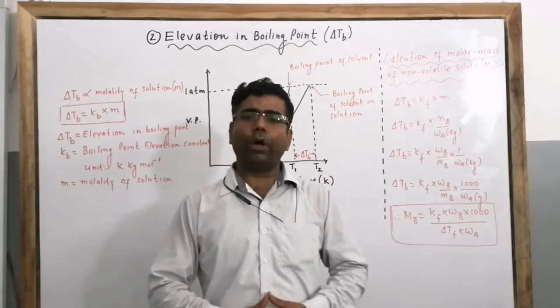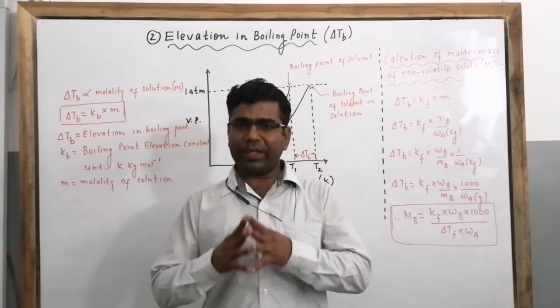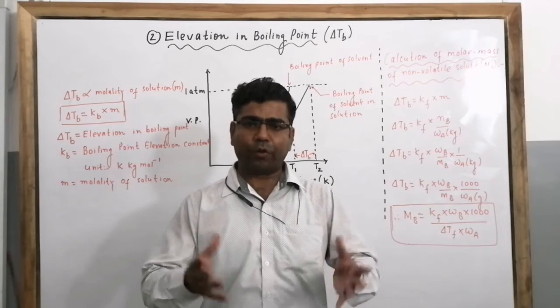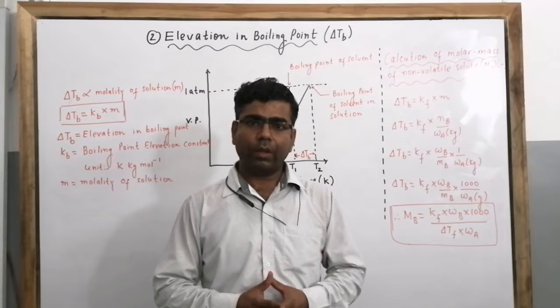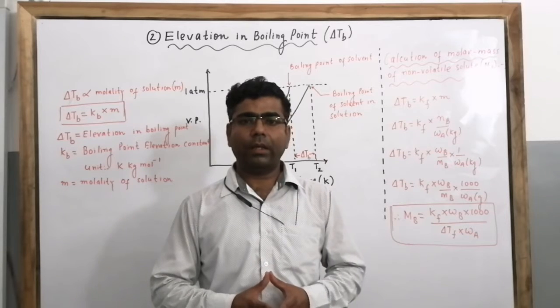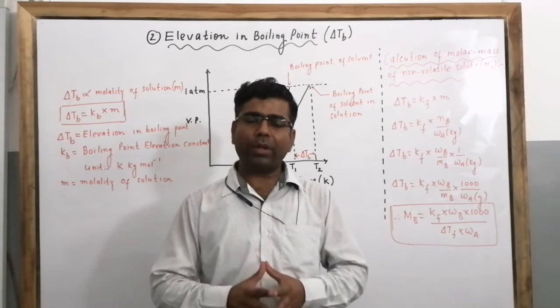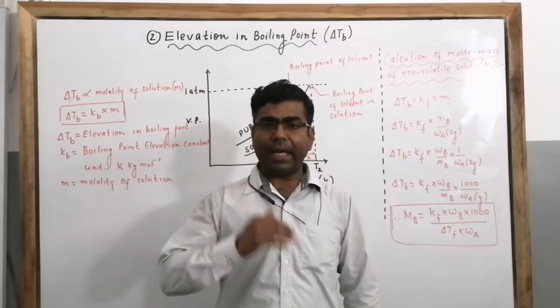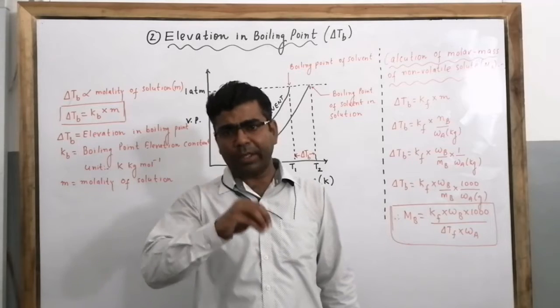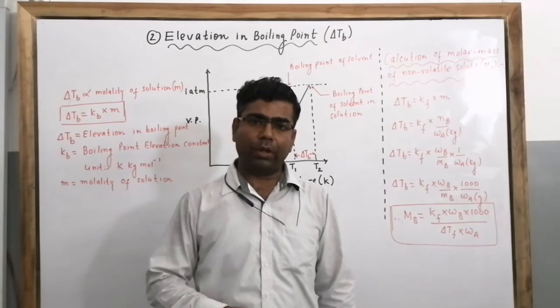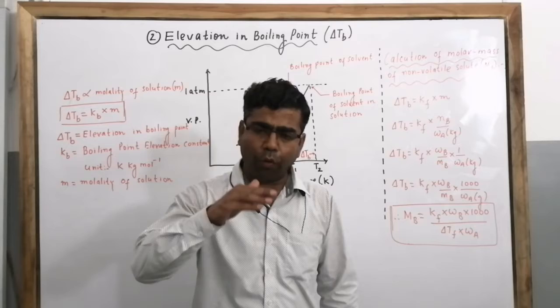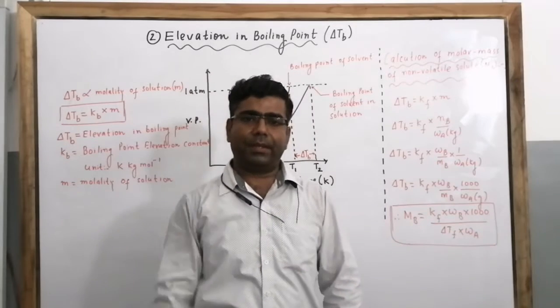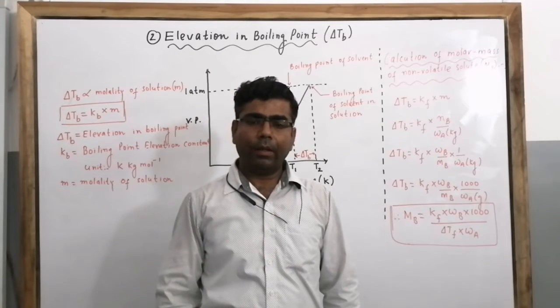And for impure water, or water which contains impurities in the form of solute, the boiling point is always more than 100 degrees Celsius. Or we can say that if we add impurities to the water in the form of solute, then the boiling point of water will increase. Clear?